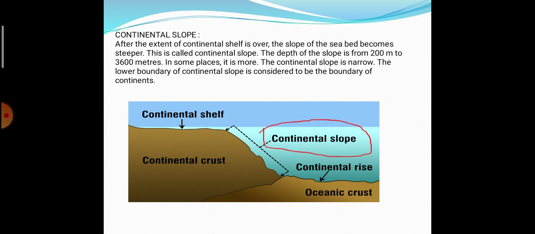In some places it is more. The continental slope is narrow. The lower boundary of the continental slope is considered to be the boundary of the continent. So where the continental slope ends, that is the boundary of a specific continent.